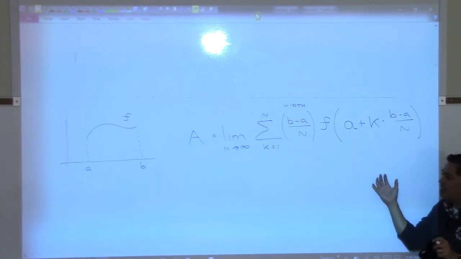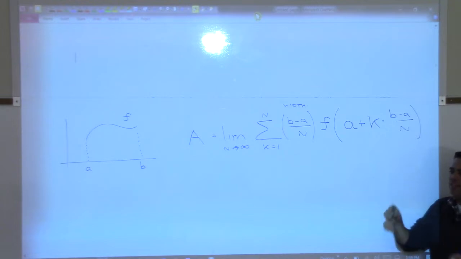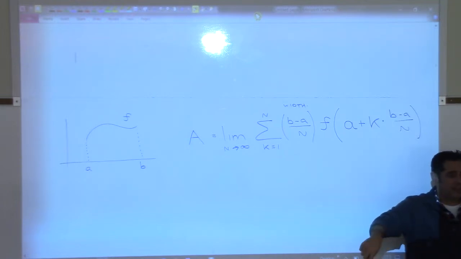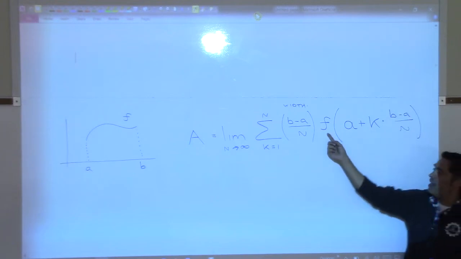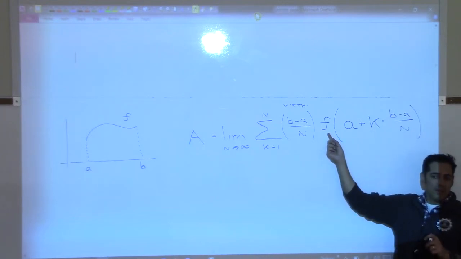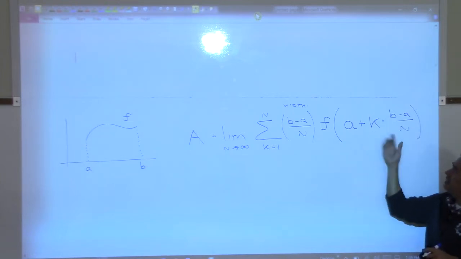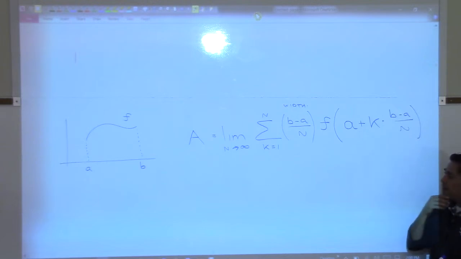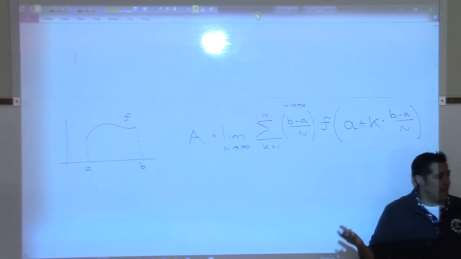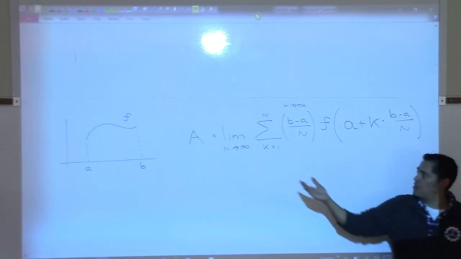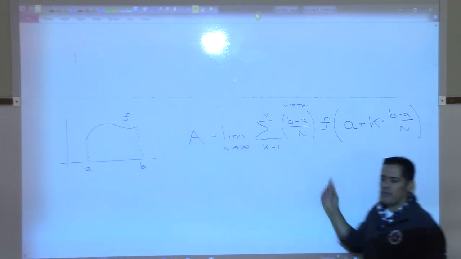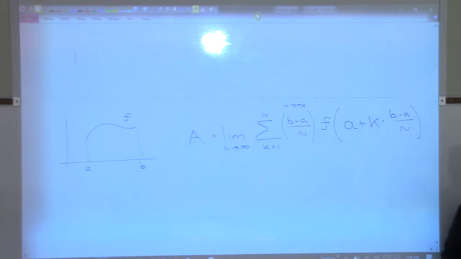The problem is we needed those formulas for common sums, right? And that requires that the function f is a polynomial. Like we used x squared, right? So if we square this, isn't everything a polynomial in here? Like k is a polynomial. But if our function was sine x, you are not going to have common formulas. You won't be able to do it. You'll be stuck.